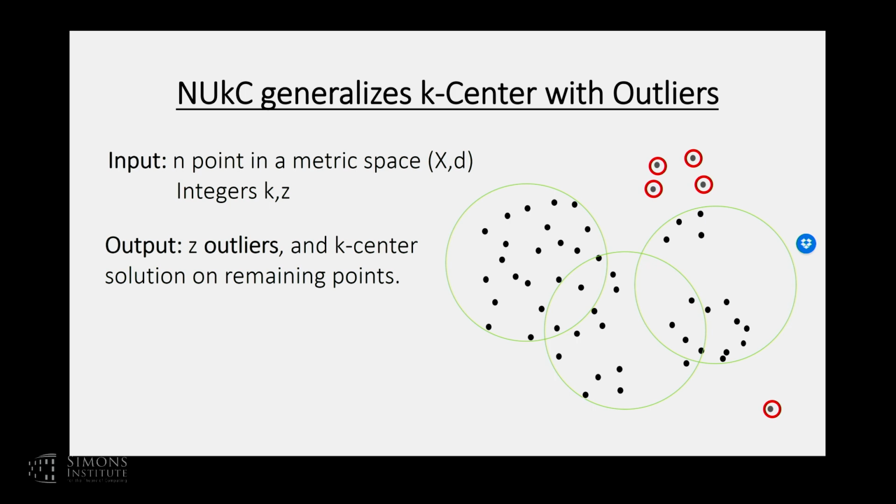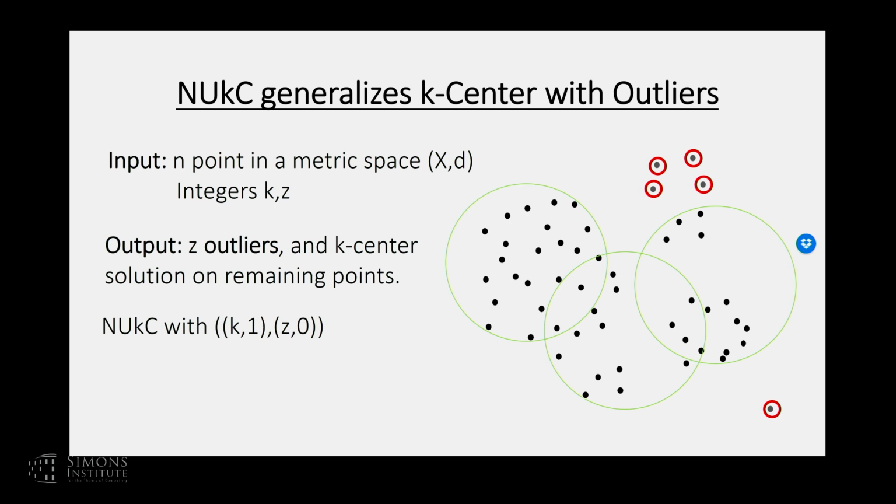I claim that this is a special case of the non-uniform k-center problem with two kinds of radius, where I have k balls of radius 1, and z balls of radius 0. So I'll just put the z balls on the outliers, and the other k balls will expand at the same rate. So this problem generalizes another problem, and when you generalize two problems, I think it makes it worthy of study.